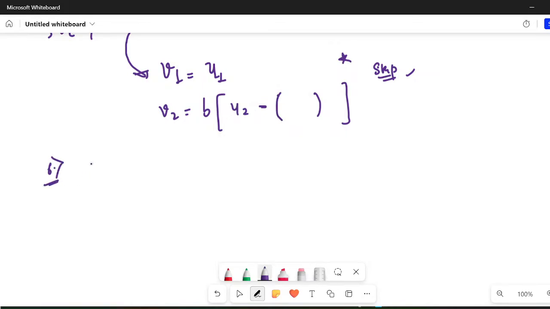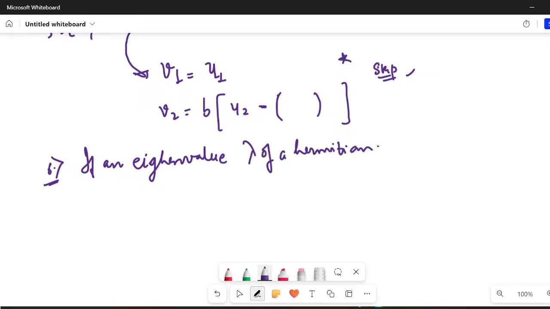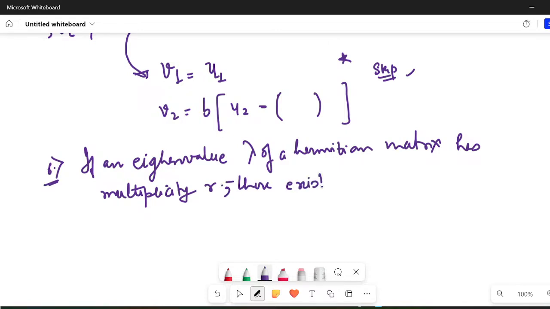Okay, the 6th property would be: if an eigenvalue lambda of a Hermitian matrix has a multiplicity r, then there exist r linearly independent eigenvectors corresponding to lambda.